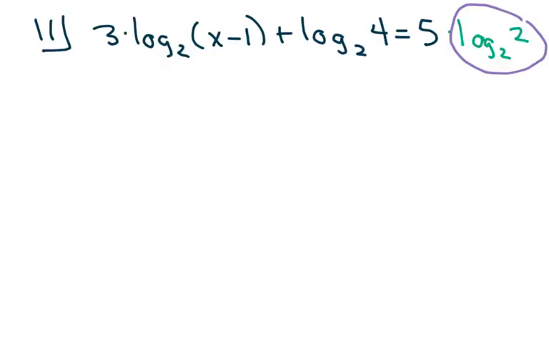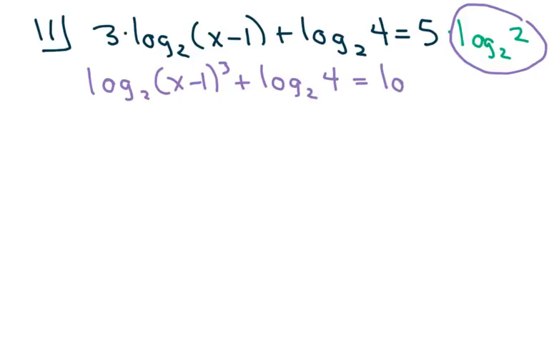So I'm going to use my power property to get log base 2 of x minus 1 cubed plus log base 2 of 4 equals log base 2 to the 5th. Next property I'm going to use is my product property.